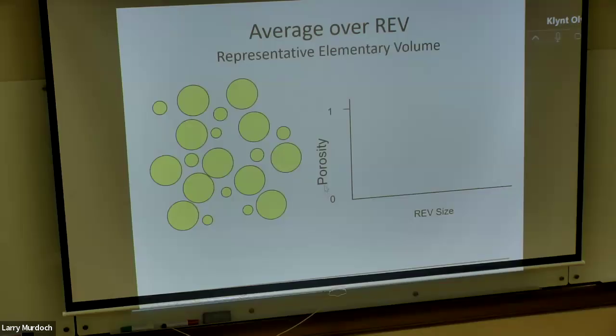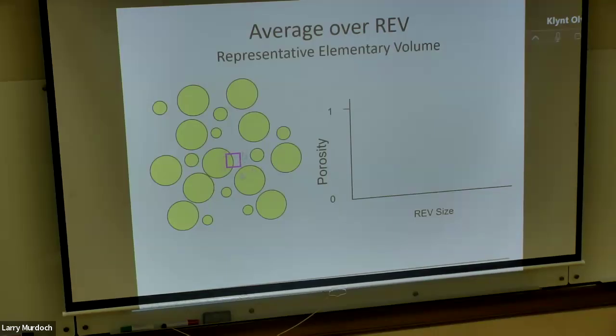So we define porosity as the ratio of the voids to the total. But here's kind of the issue with that, because we could say that that's the volume, or just look at it in 2D. So porosity would be the volume or the area of the voids to the total area.